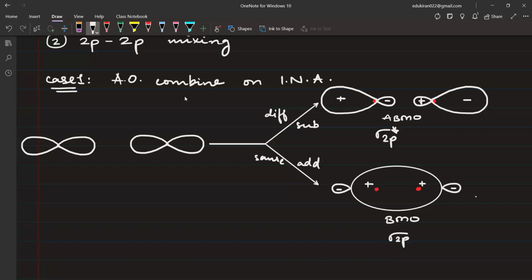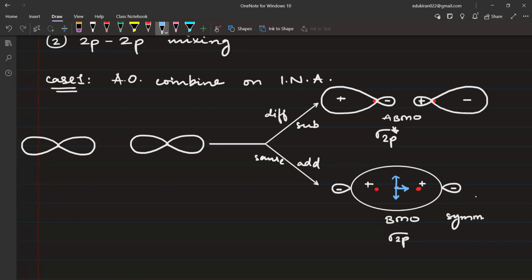हाँ जी बताएं, कोई दिक्कत? No, sir. No, na? And if you look at the properties here, whether it is symmetrical, stable, and lower energy, so obviously BMO is going to be lower in energy and it will be stable. Let me just talk about the symmetry. So BMO is going to be symmetric. Symmetric means you take the center and you move upward, you will get the same thing downward.